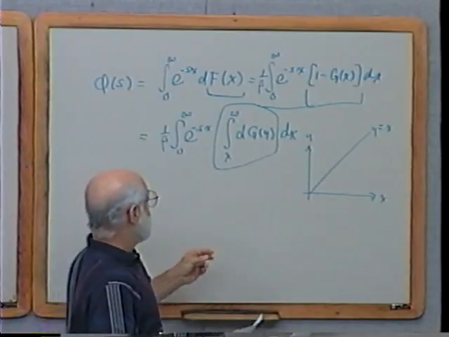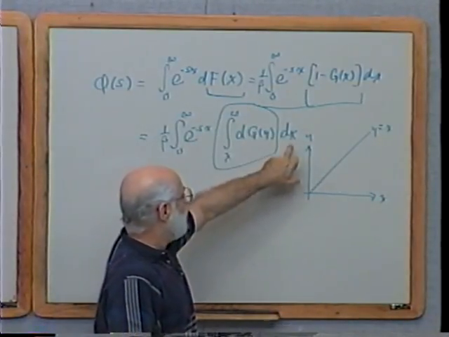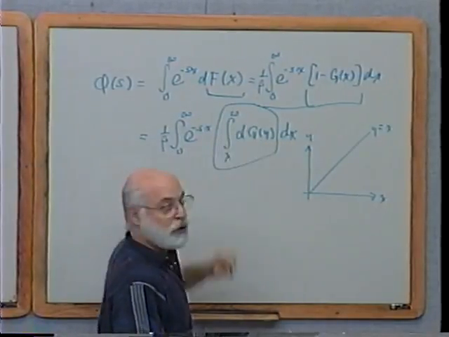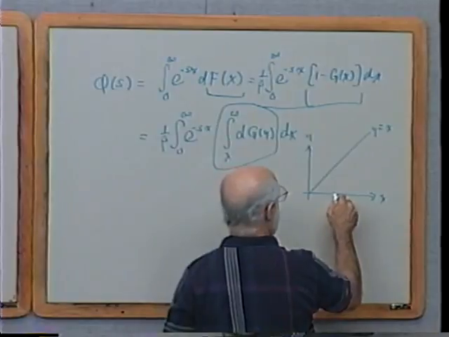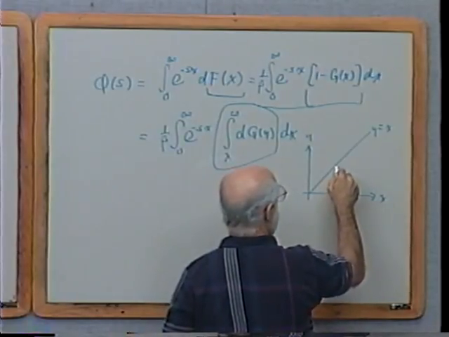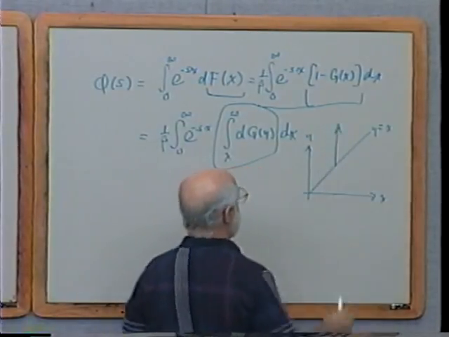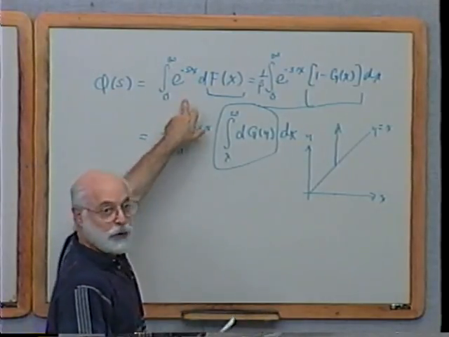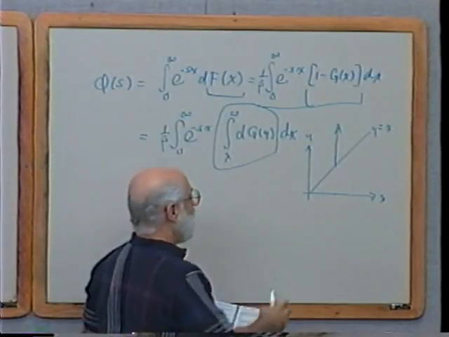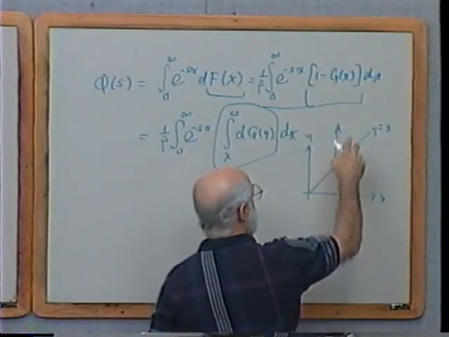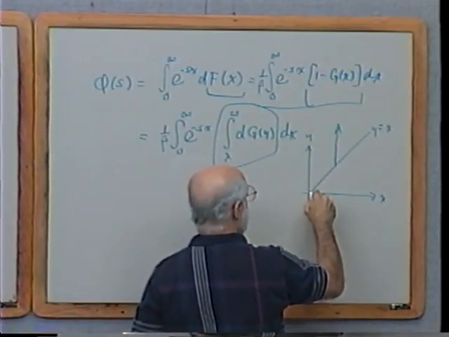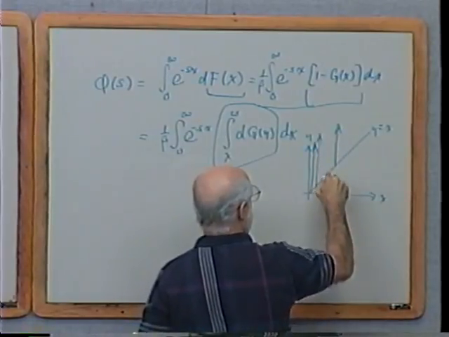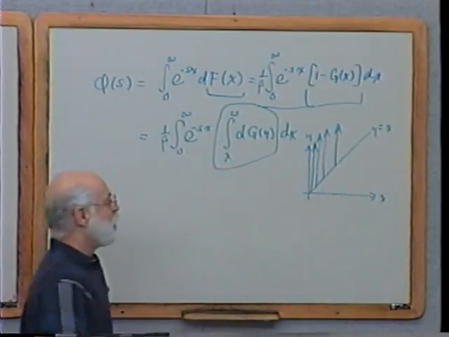And what you see here is that as I'm integrating, I'm going to fix the value of x, and then I'm going to let y vary from x to infinity. So that's for a particular x, but x is going to run from 0 to infinity. So that means that I'm going to be integrating over this triangle in these strips like that. So this would be for a smaller x, and the next x, and the next x, and so forth.